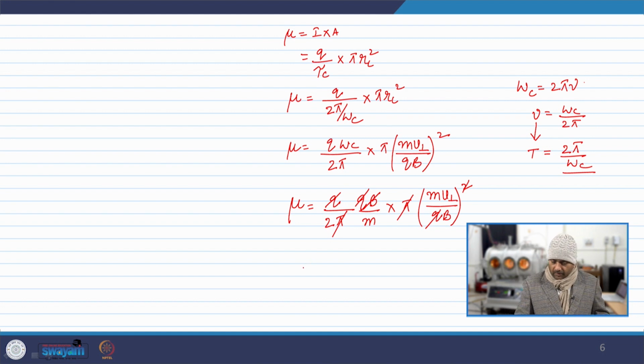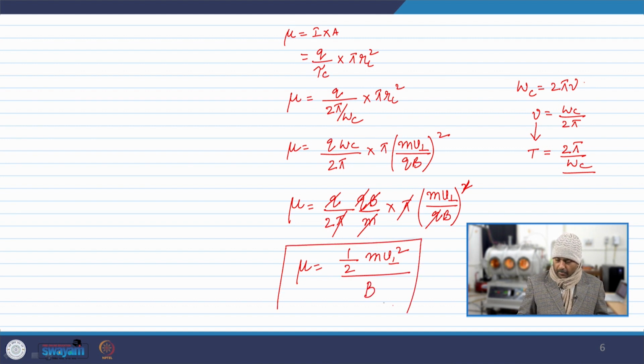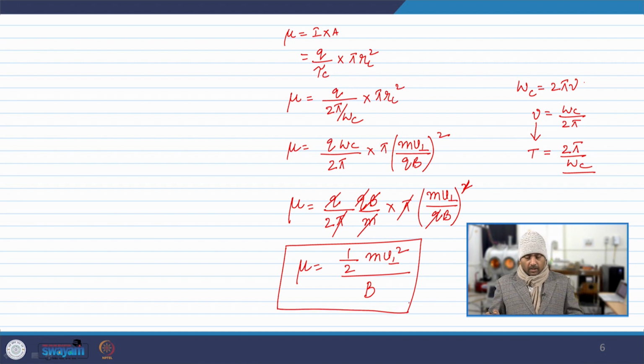So, after cancelling out all that, we will have half m v perpendicular square divided by B. What is this?